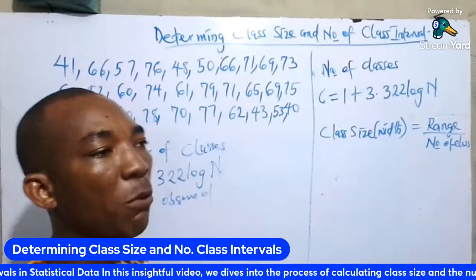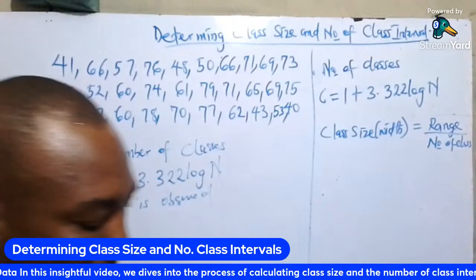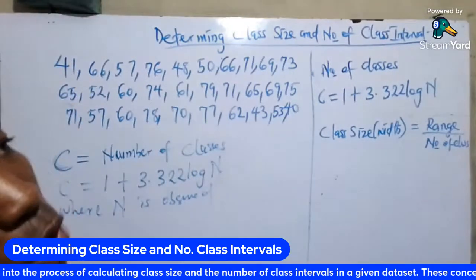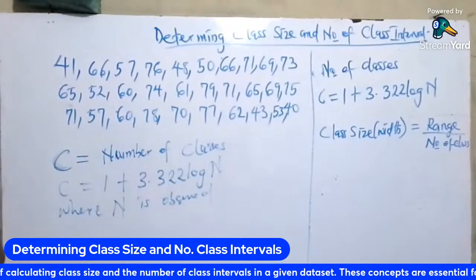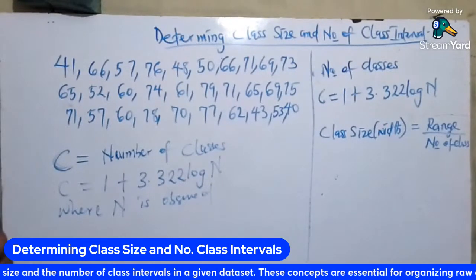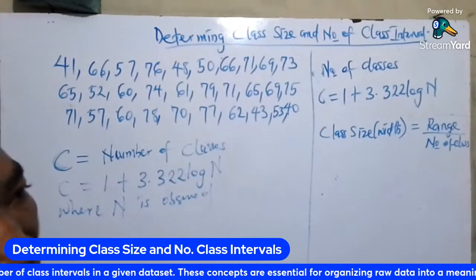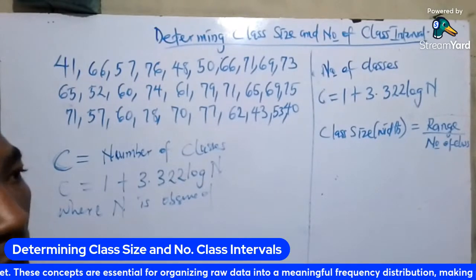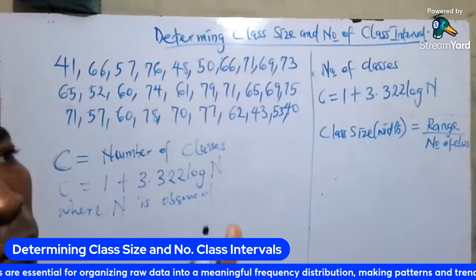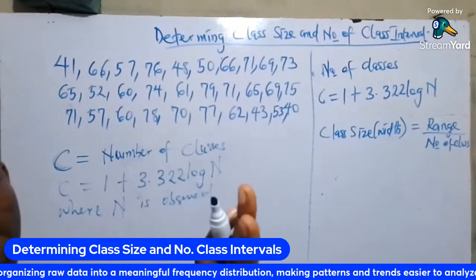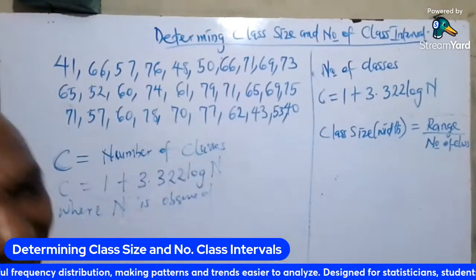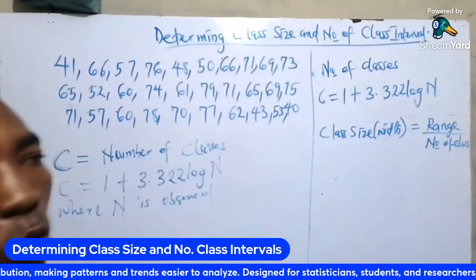Now, another thing I want us to know before we go into this is that some people believe there is a difference between grouped data and ungrouped data. How do you know when to group a data? If the data is between 5 and 19, you can use ungrouped data.